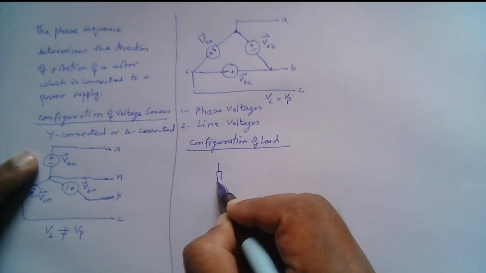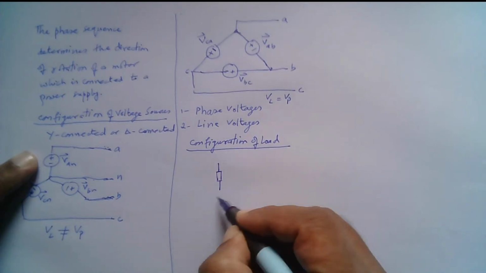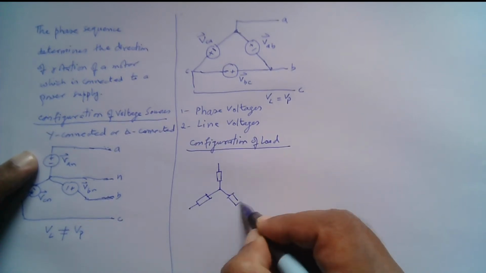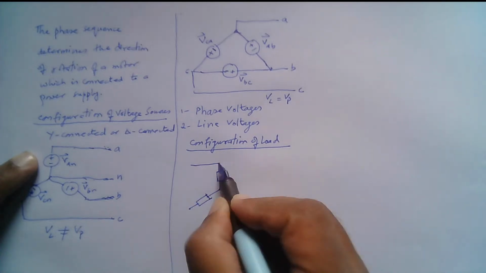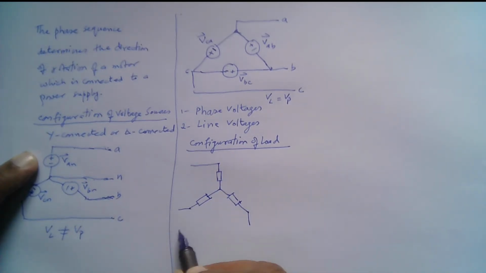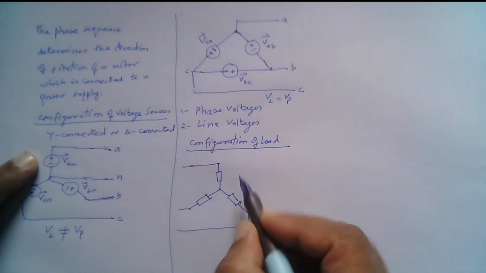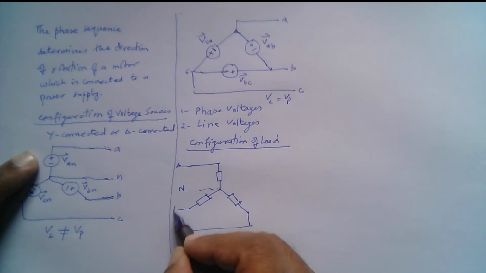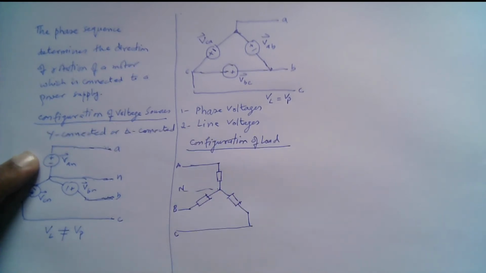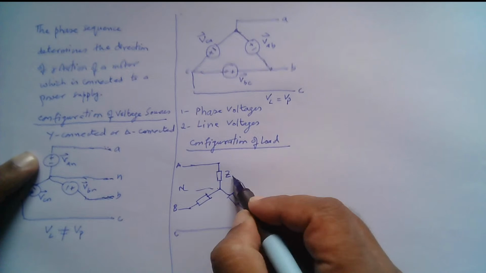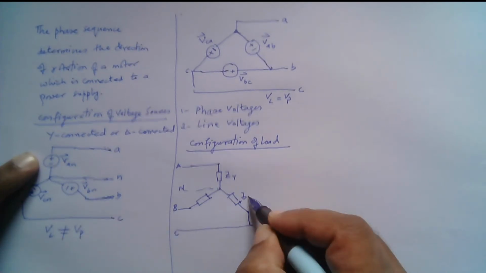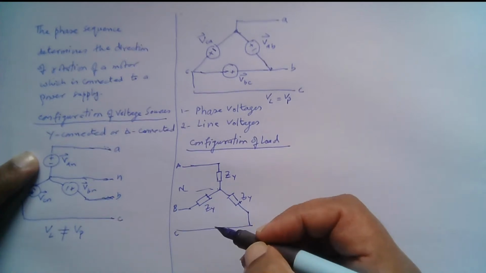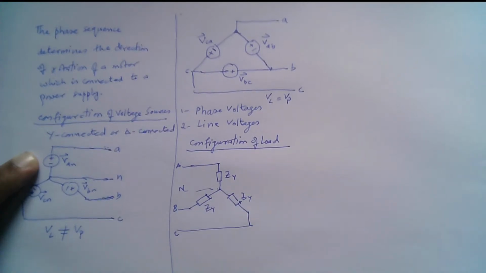It can be Y connected this way, and we can have a neutral wire here. This is A, this is B, and this is C. If this is a balanced load, all three impedances will be equal, ZY, ZY, and ZY. Most of the time we will be discussing balanced load and balanced sources.